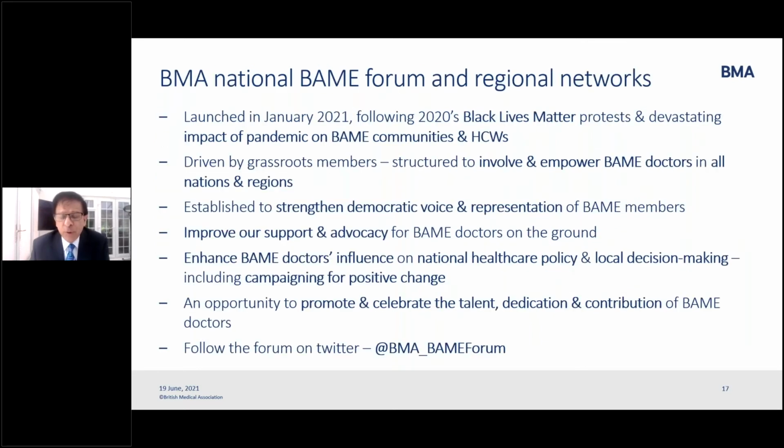They are given quarantine when they come to work in the UK. In the BMA, we've also set up a national Black and Asian minority ethnic forum, and that's been driven by regional networks. So we have recognized that ethnic minority doctors do not feel able to speak out. They feel very isolated. What we've now done is give voice through networks throughout the UK and the devolved nations, where thousands of ethnic minority doctors in the BMA now talk.